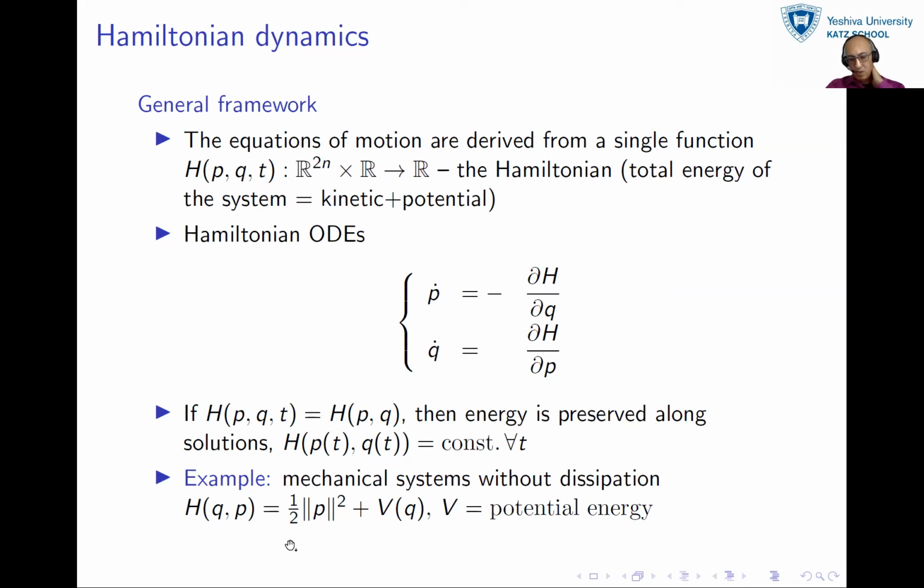So you have kinetic energy plus potential energy. Typically, a mechanical system without friction can be described like that. And this is indeed a good setup to study celestial mechanics, because out there in space, there is little to no friction, so you can use such mathematical models to describe that.